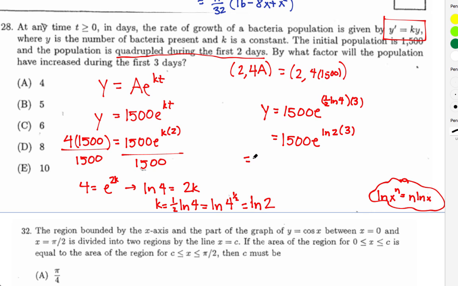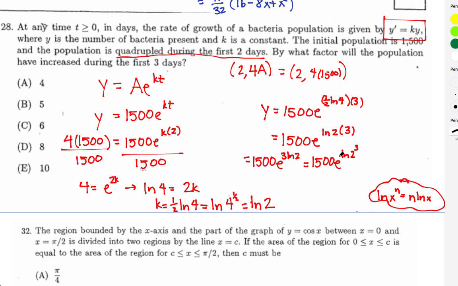And now, let me just rewrite that: 1500 e to the 3 ln 2. Using that same property, isn't that just ln 2 cubed? So let's go ahead and do that. 1500 e to the ln 2 cubed, which is 8. Now, since we have e to the ln, those are inverses.